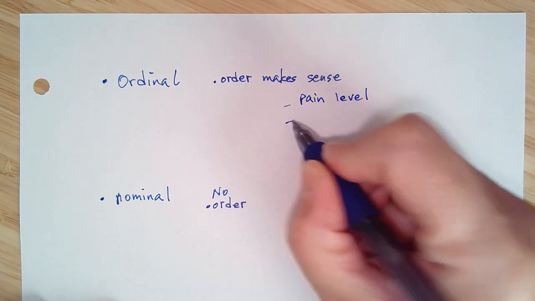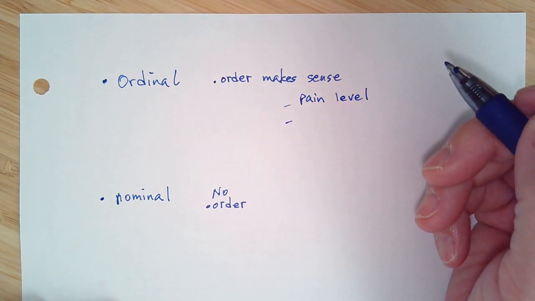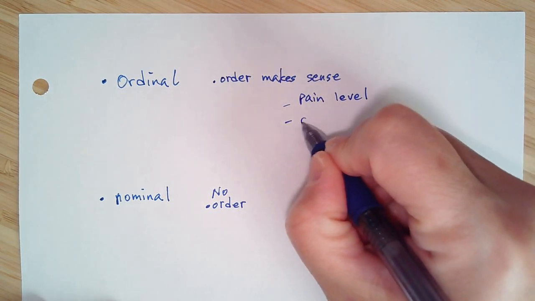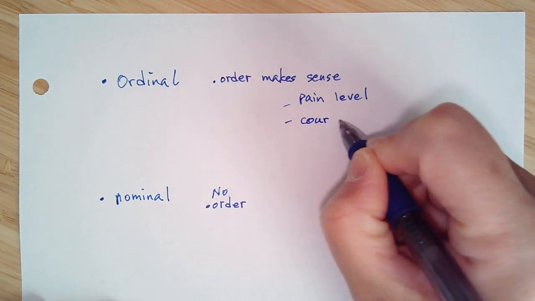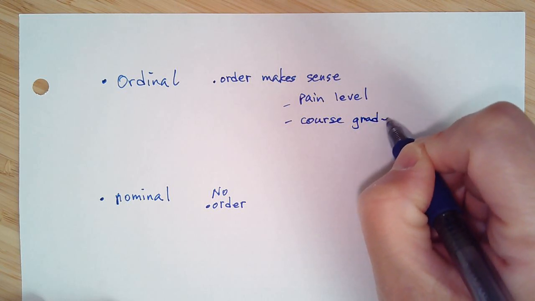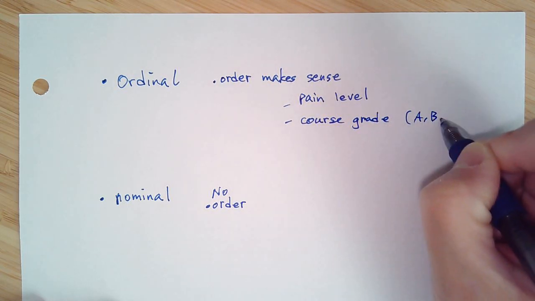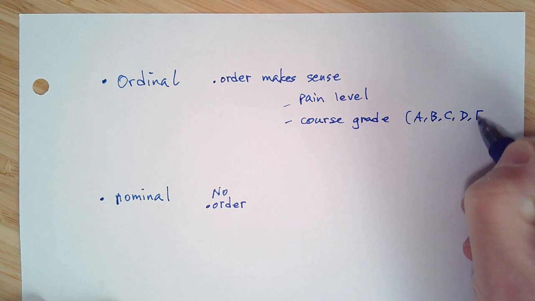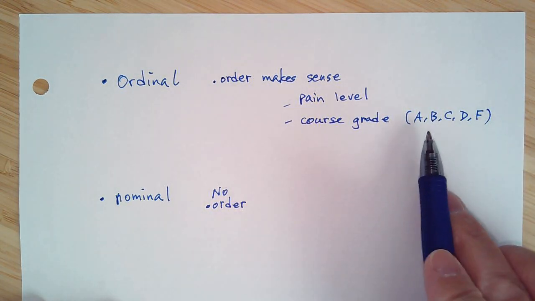And the course grade: A, B, C, D, and F. Those are purely labels, right?